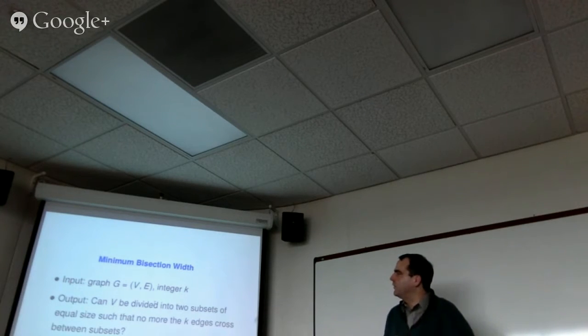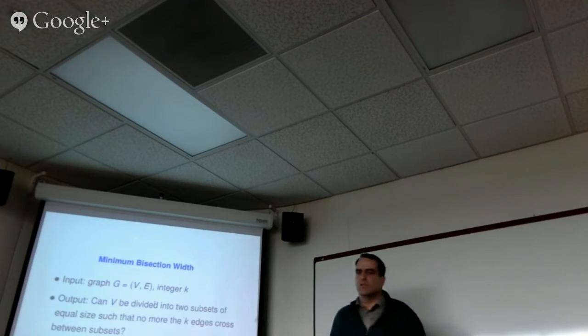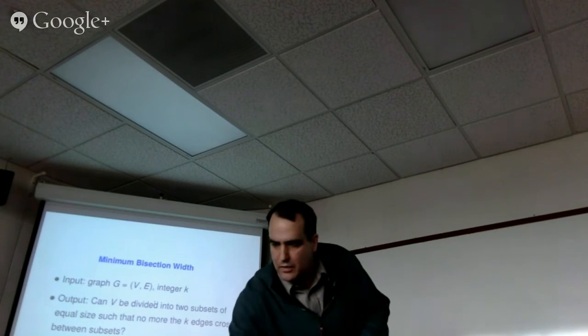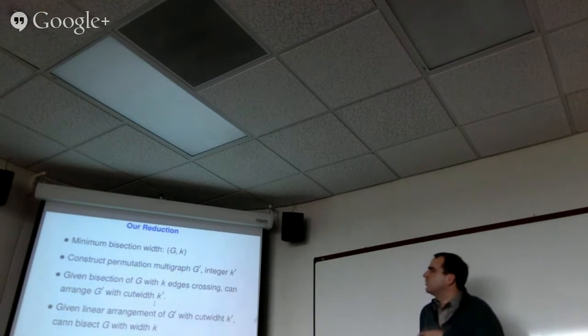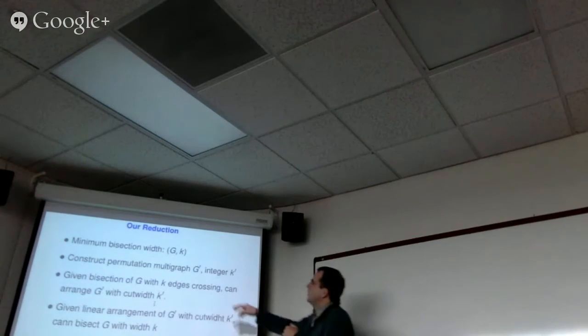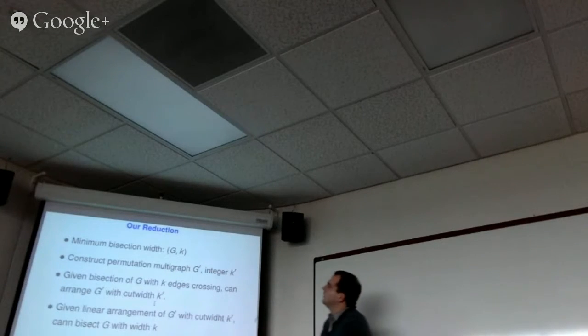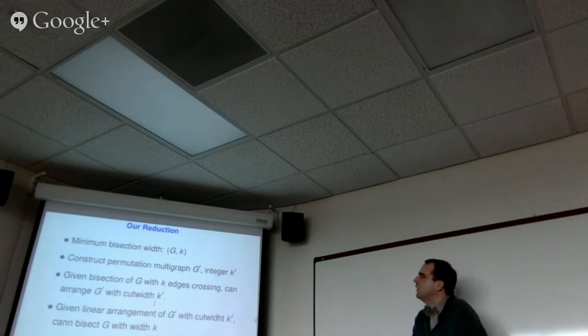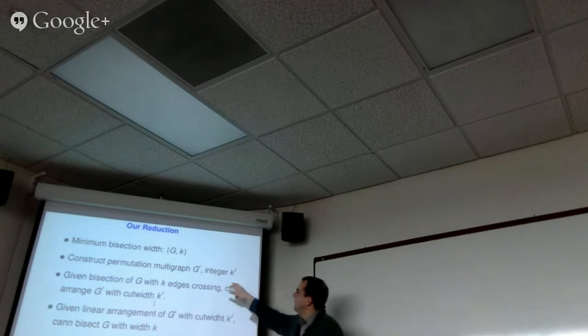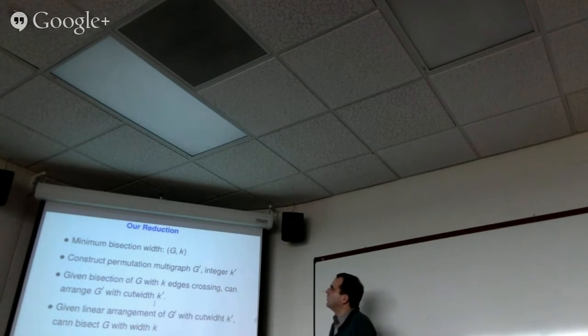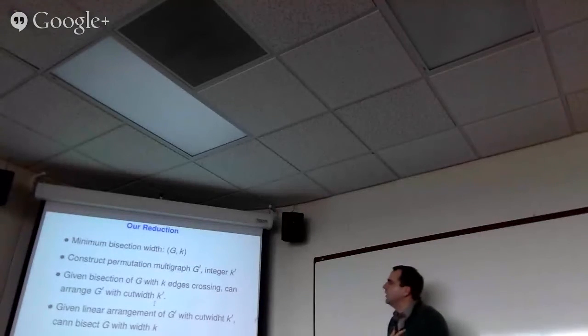So that's our source problem, and we're going to turn it into a permutation multigraph. That's how the reduction works. You give me a graph G and k, a bisection width. We're going to make a permutation multigraph G prime. There's going to be some number k prime that comes from k.